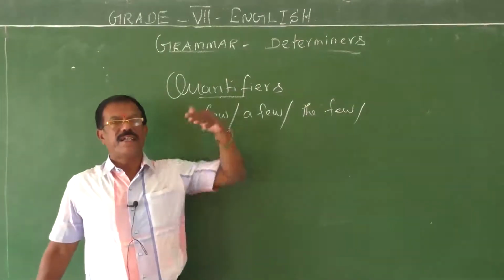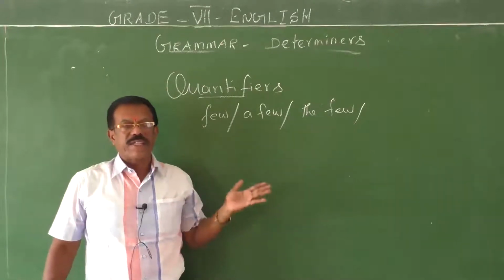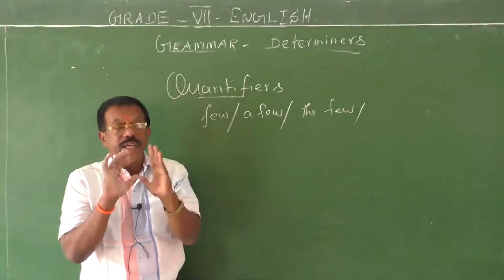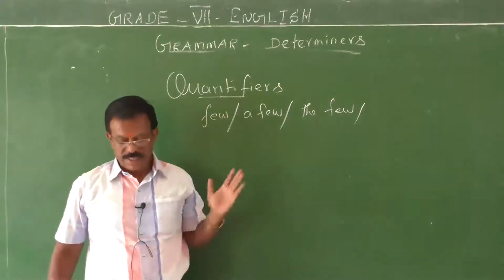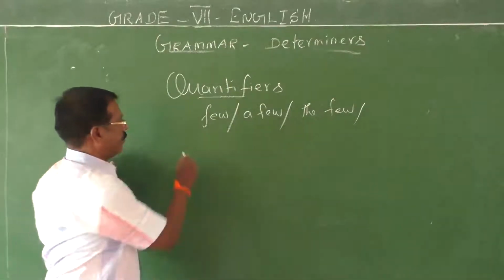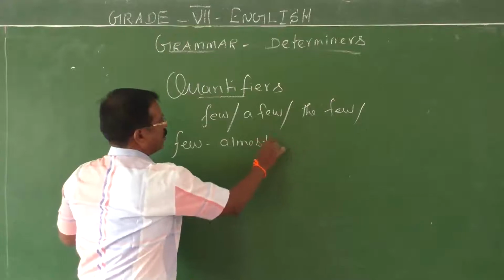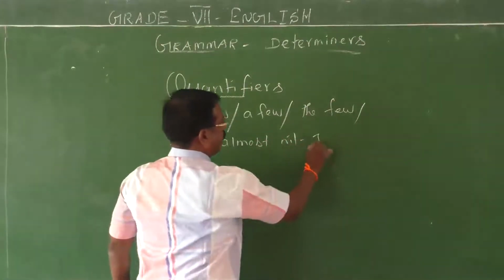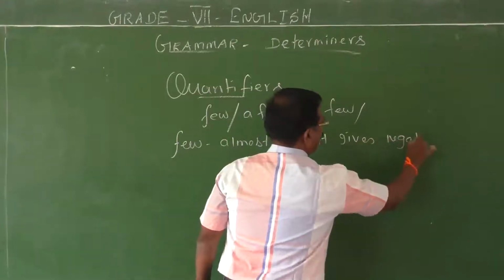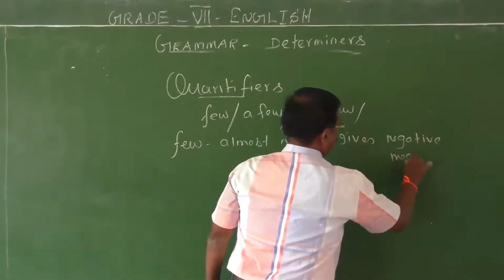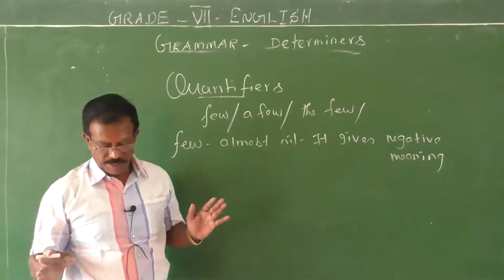Little, a little, the little are used before uncountable nouns as quantifiers, and they are used as determiners because they give us the quantity of the noun. Here few means almost nil in number. It gives a negative meaning.